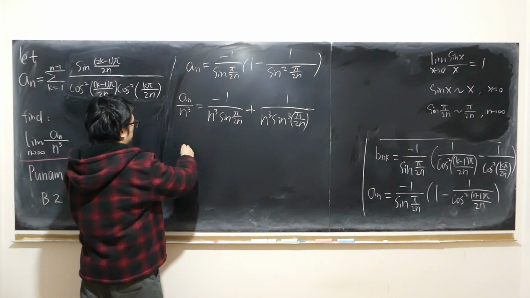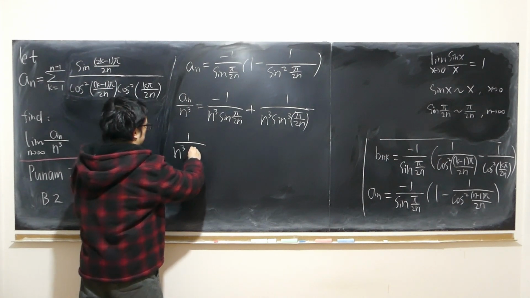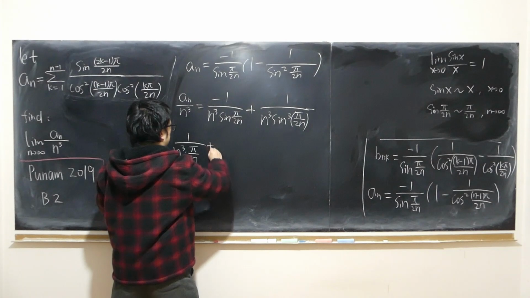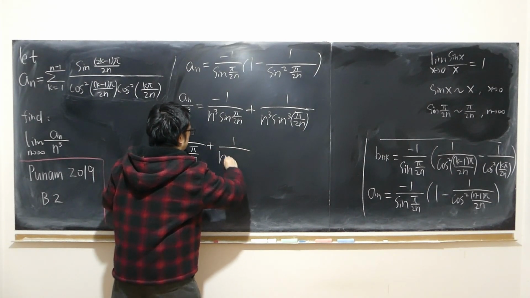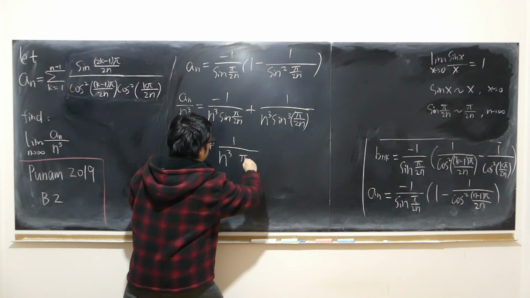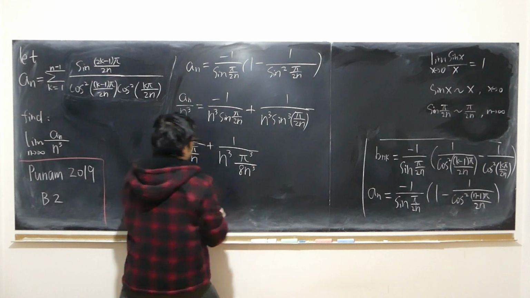So we can immediately just simply work out pi over n, right? Plus n cubed. Replace it with pi cubed over 8n cubed. Right?